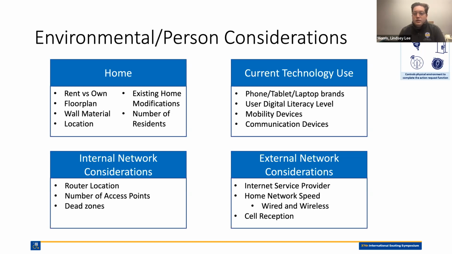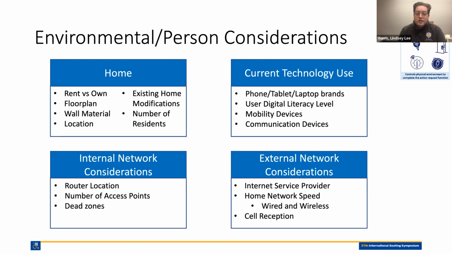There's no reason to provide a more complicated, extra featured interface for somebody who doesn't need or isn't able to really control that. Use of mobility devices and communication devices is also important to recognize, because if they use their joystick or something to control their phone, even though all apps would support it, it needs to be accounted for before devices are picked. And the same thing with communication devices, that does feed into what we would recommend.